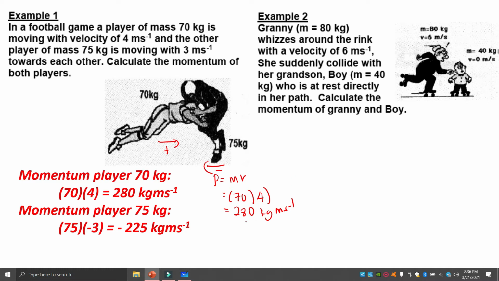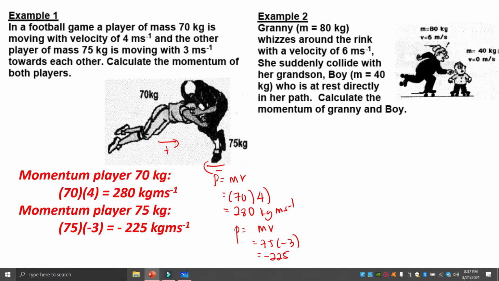But for the 75 kg player, you have to put the negative sign, since they move in different directions. That's why we say momentum is a vector. So this one is 75 multiplied by negative 3. Most of you will get confused and will not put the negative. That's why I say you have to read the question carefully. You have to consider all the directions, and know whether the quantity is a scalar or a vector.